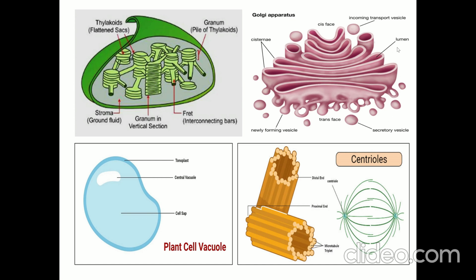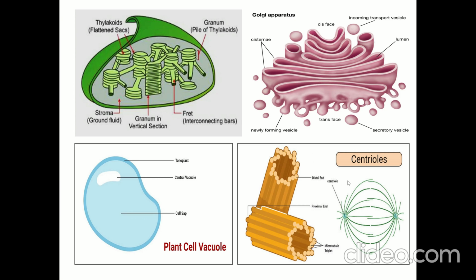The space present in between the membranes is called as a lumen. Cis phase is the receiving phase, whereas the trans phase is the exit phase. This trans phase is responsible for the transport of proteins out of the cell. So the main function is protein folding and protein packaging.